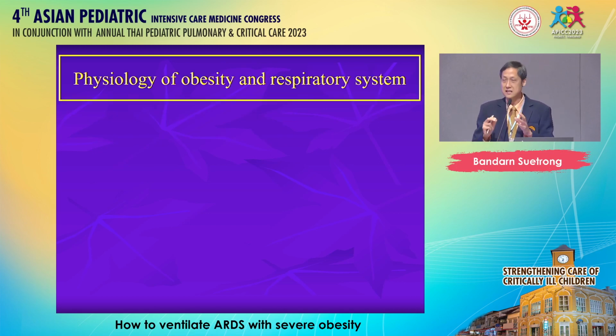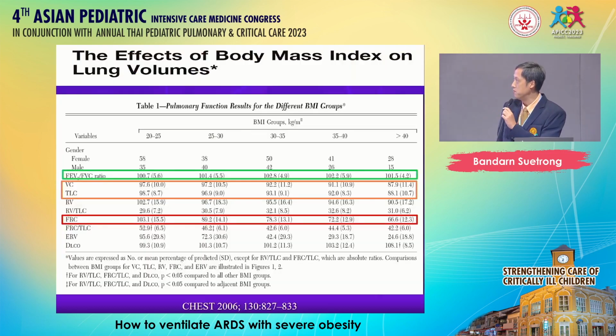Actually, there are a lot of physiological changes in patients with severe obesity, but due to the limited time, I have to focus on the two most important things that change the most. The first one is volume, and the second is pressure. Look at the volume first.